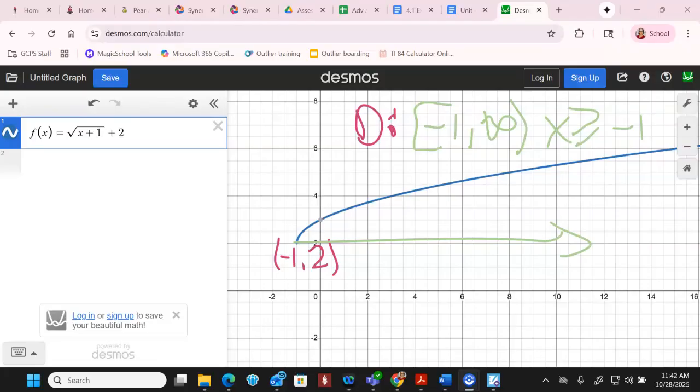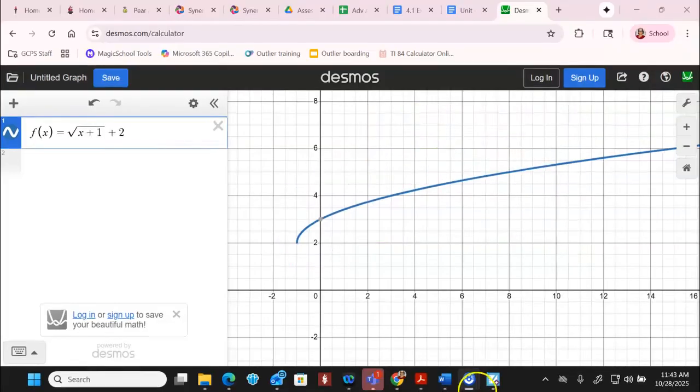Range is going from 2 up, okay? So from 2 this way. So again, that's 2 to infinity, close parentheses, or all the y's that are more than 2, because it's all the numbers that are more than 2, 4, 6, 7, 8, 9, 10, okay? So again, -1 represents x, you're going to the right, and then you're going up from 2, okay?